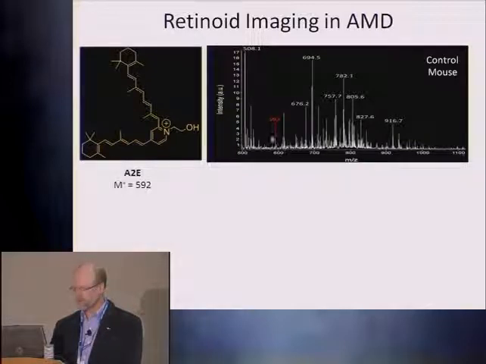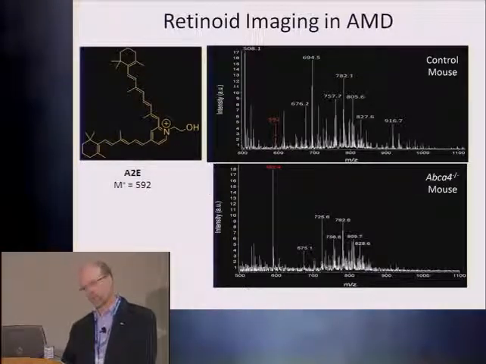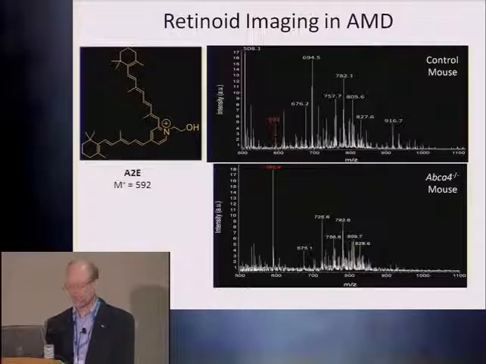So we get good signal, but when we knock out a transporter for the retinoids, the ABCA4 knockout mouse, we see that this 592 signal is the base peak in the mass spectrum. So if you want to image a signal, that's the one you really would like to image. It's so abundant. So as predicted, this molecule flies really well. We have a standard for this molecule. We did MS-MS directly out of the tissue and on the standard, so we know that this is indeed the A2E signal that we are imaging.